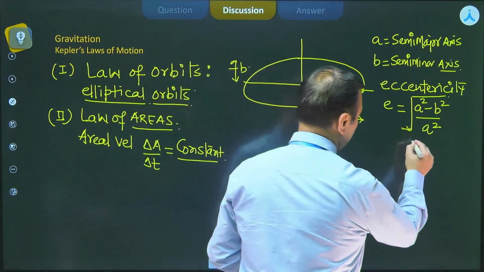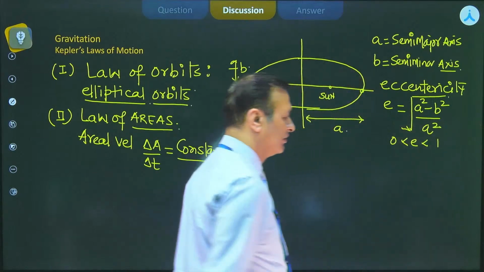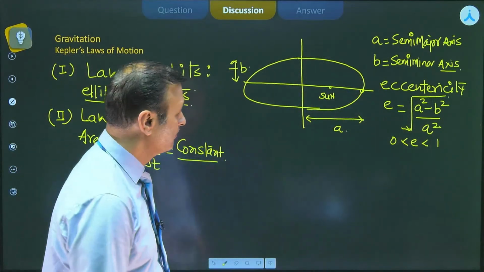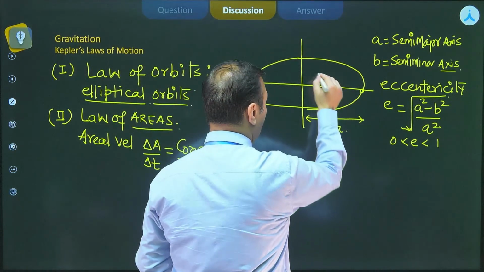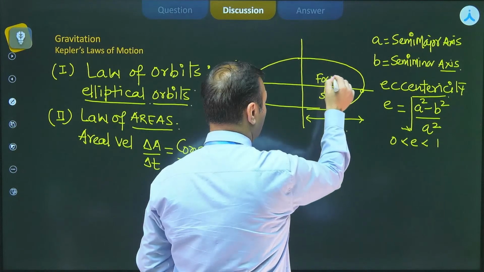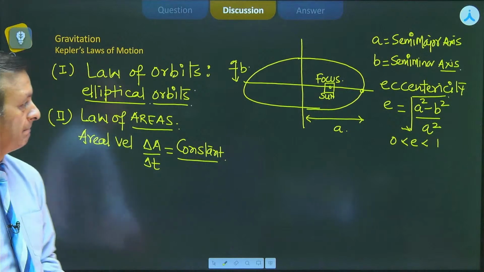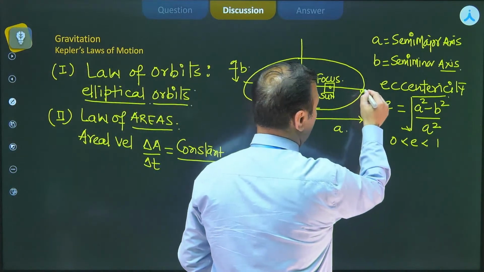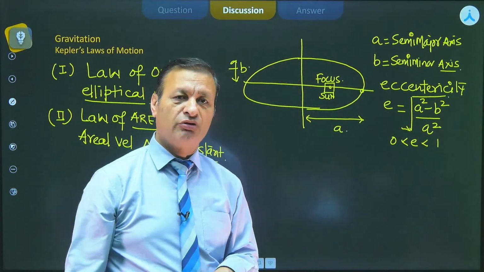Usually the value of this eccentricity is from 0 to 1. Then the sun is at the focus. Now let's call this planet your Earth.